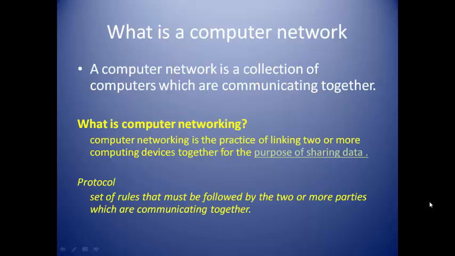Now let's see what is a computer network. A computer network is a collection of computers which are communicating together. What is computer networking? Computer networking is the practice of linking two or more computing devices together for the purpose of sharing data.